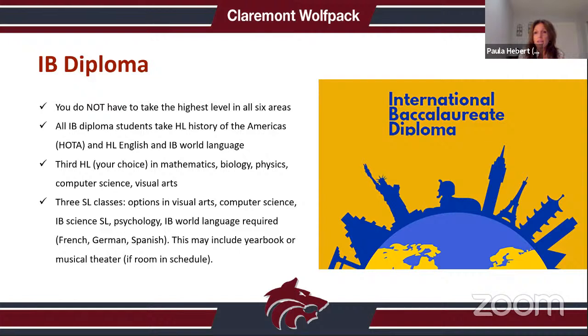One automatic SL class at Claremont High School is going to be your 4th year world language, which is an SL class. The 2 other SLs could be in visual arts, computer science, any IB science like sports exercise, psychology, and those are the SL options at CHS.